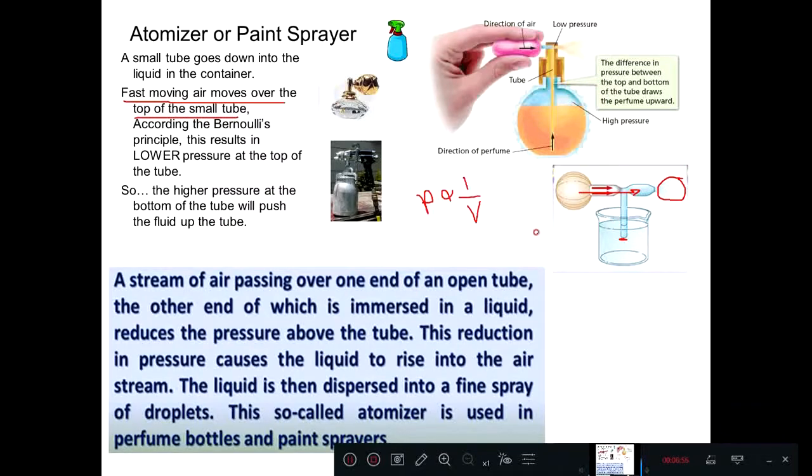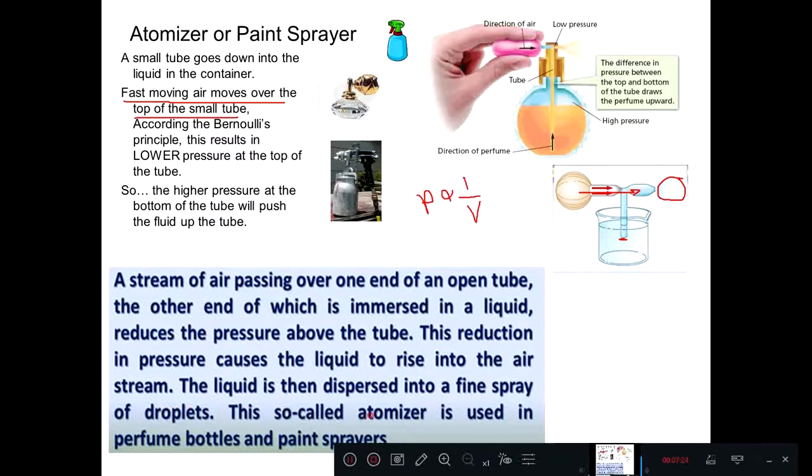This is one more practical application of the Bernoulli principle. It is written, a stream of air passing over one end of an open tube, the other end of which is immersed in a liquid, reduces the pressure above the tube. This reduction in pressure causes the liquid to rise into the air stream.